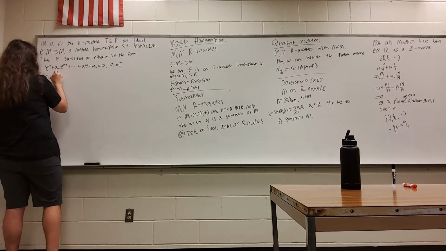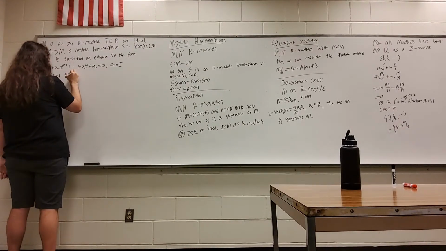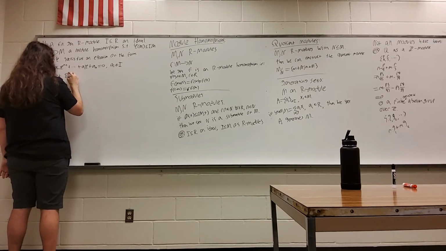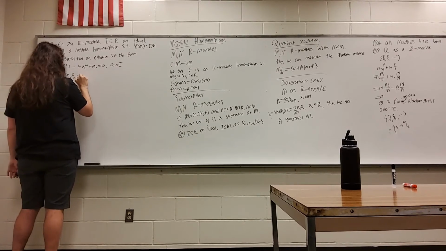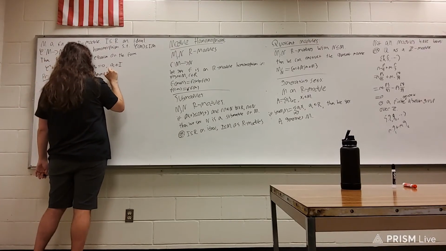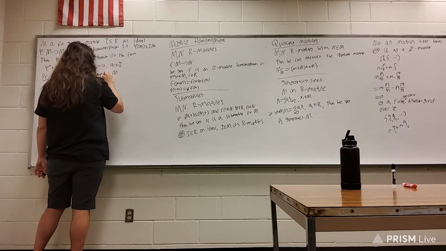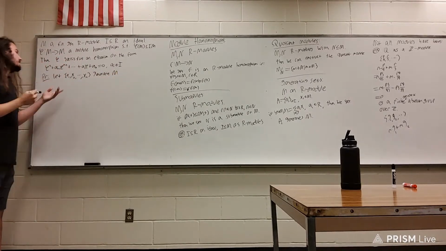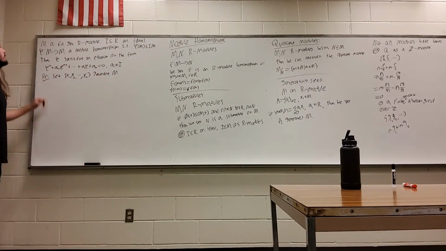So first off, we pick a generating set. We assume that M was finitely generated. So we have this.